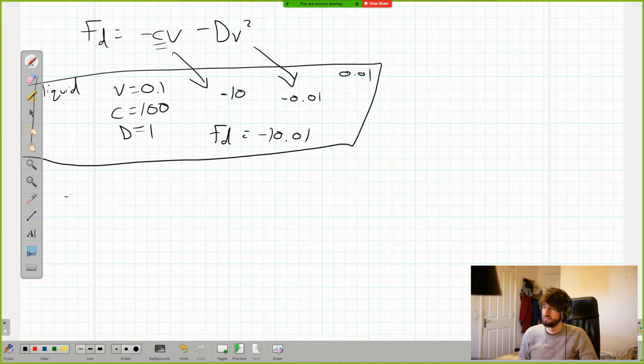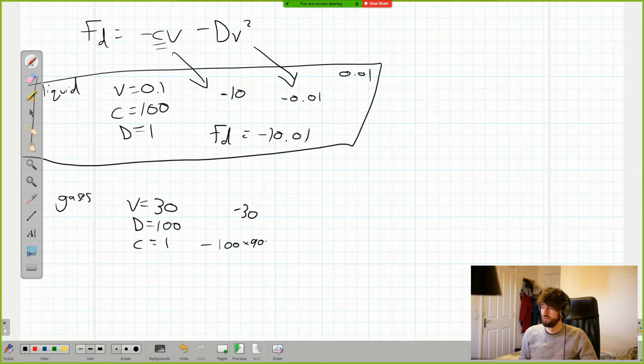For gases, we can say, okay, V is, this time, if you're a skydiver falling through the air, you're much more likely to be going faster. So let's just say you're moving 30, and this time D is 100, and C is 1. Well, minus 1 times 30 is minus 30. 100 times 30 squared is 900 times 100, so 90,000.